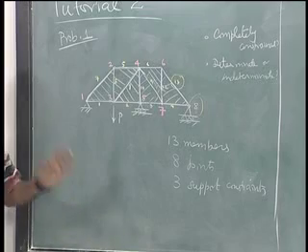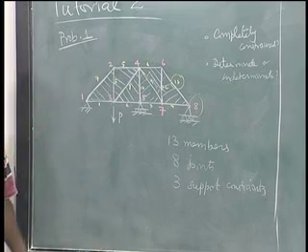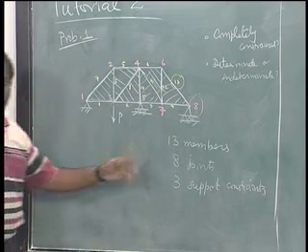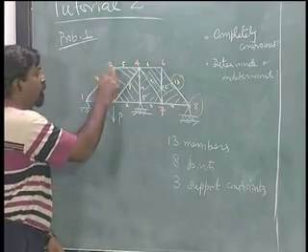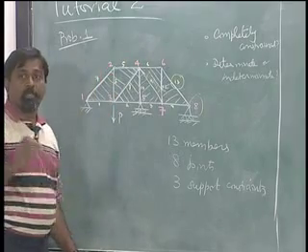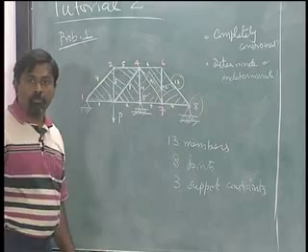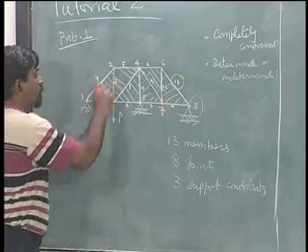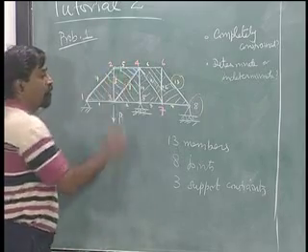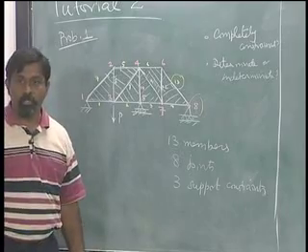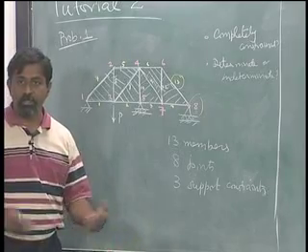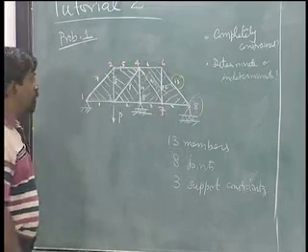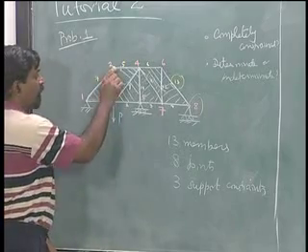Now the question is, is it possible for me? Let us explore. Supposing I generate free bodies, like we have done in problem 2 and problem 5, it is possible for me to generate free bodies around the joints, which is nothing but the method of joints which we used earlier. We can get 2 equations.